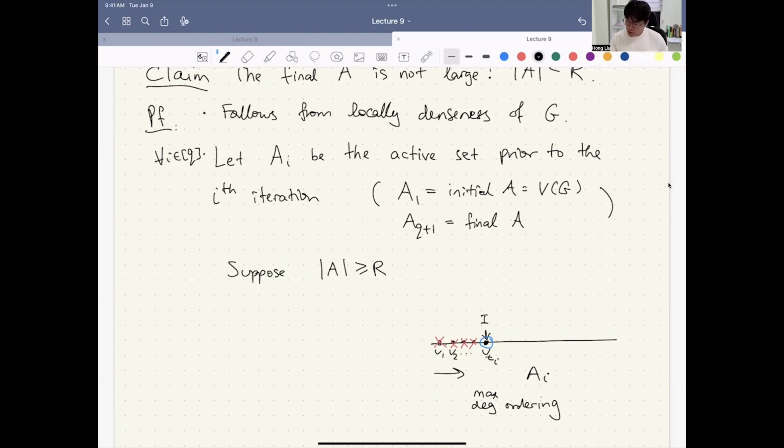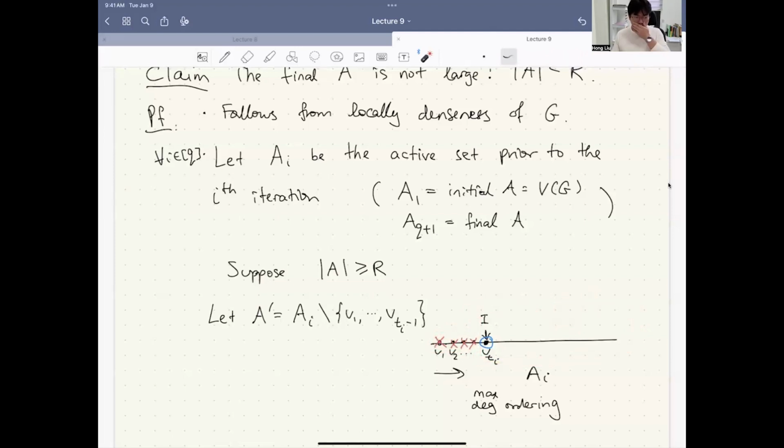So we're going to delete all the previous ones. Let A prime be AI minus V1 through VTI minus 1. Right, up to where you delete the first vertex in I. Call this A prime here.